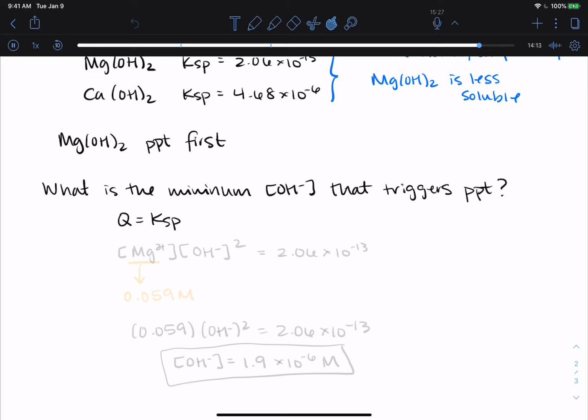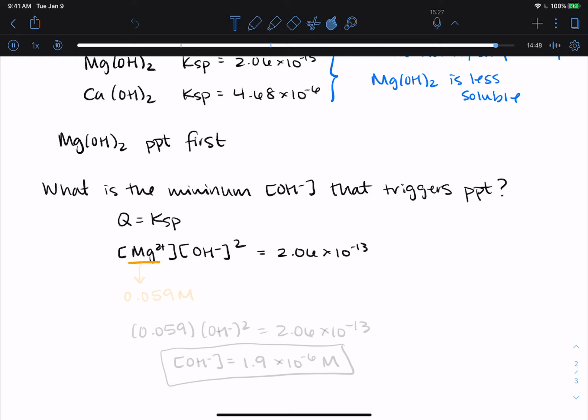So Q equal to KSP, my expression for calculating Q or calculating an equilibrium constant is Mg2 plus concentration times the concentration of OH minus squared. So Q equal to my KSP, which is 2.06 times 10 to the minus 13. And calculating Q, I want to know the OH minus concentration. So that's obviously going to be my variable here.